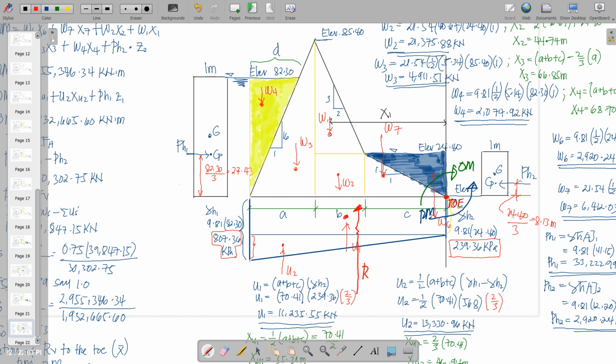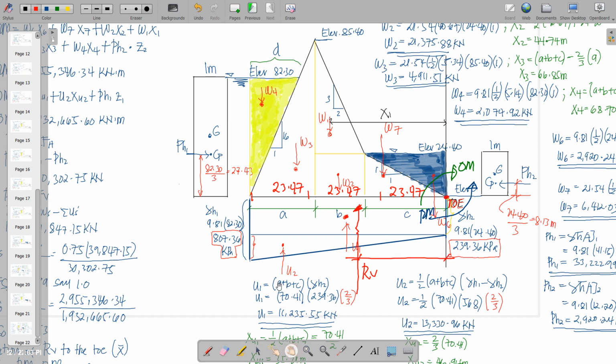So this is RV. Remember that this is 70.41. So 70.41 divided by 3. Each of these thirds, we divide into 3 equal segments. This is 23.47 meters, 23.47, and this is 23.47. Hence, RV is beyond 23.47 from the toe.